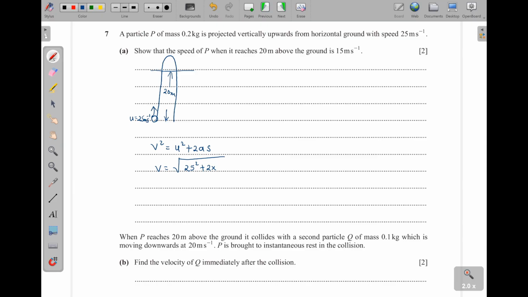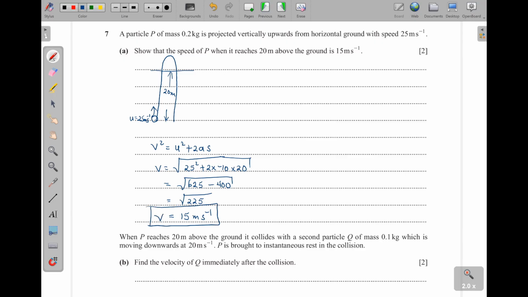Our a, since it is a vertical projection upwards, it is going to be negative 10. That is the acceleration. And then the distance traveled is 20. So we shall have here 625. Then 20 times 20, that is 400. And then you get the square root here of 225, which is actually 15 meters per second.